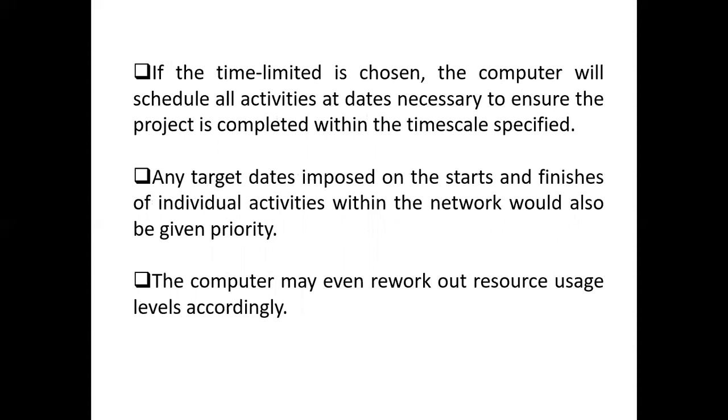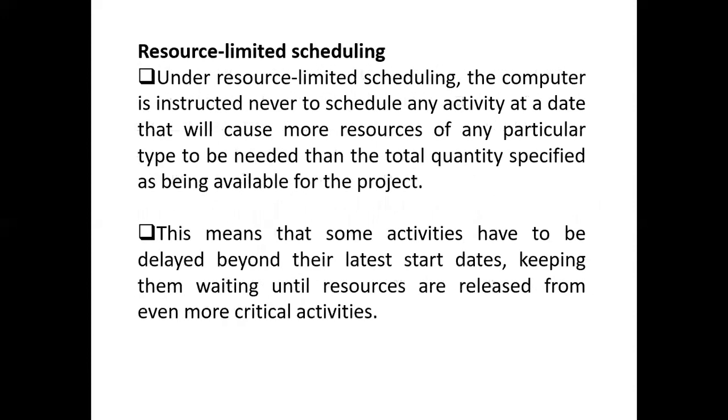Any other date imposed on the start and the finish of an individual activity within the network could also be given priority. So the computer may even work out resource usage accordingly. What about resource limited? Here it is resources that matter.